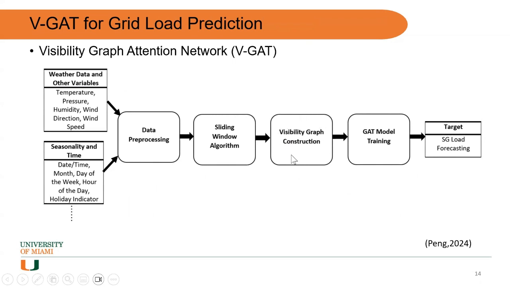After constructing the visibility graphs, we use the graph attention network to model them, and the output is the load forecasting for the Panama energy grid system.